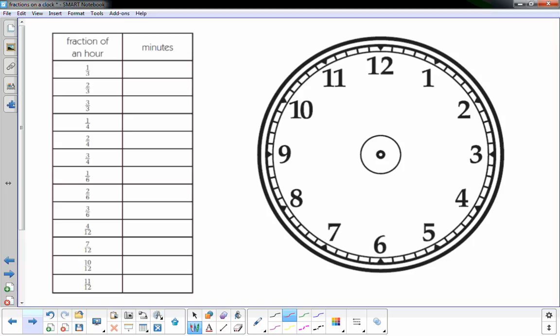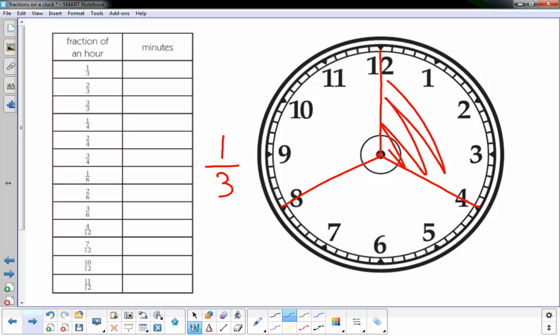The 3 on the bottom means how many equal parts you are going to break up the clock face. So I'm going to break it up into 3 equal parts. The top number, the 1, the numerator, means how many of those parts are shaded in. So I'm going to shade in 1 of the 3.